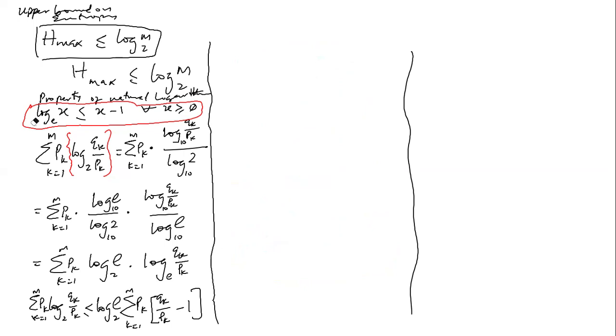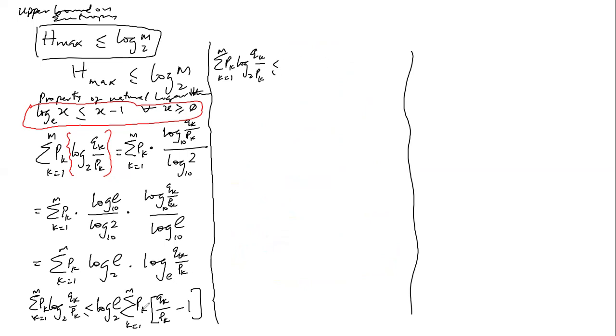Okay, so now it means that sigma k equal to 1 to m p sub k log base 2 of qk over pk is less than or equal to.